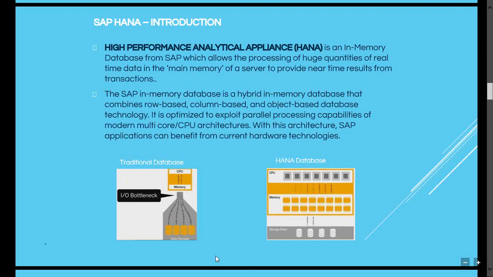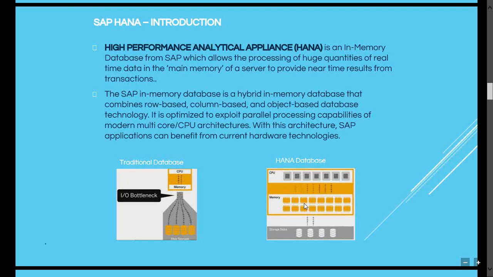But now what we have done is, instead of keeping the database in the disk storage, we have kept the data in the main memory. We know the data that is in main memory, or in your RAM, is very easy for the CPU to access. So that's what we have done here. We have increased the RAM capacity and kept the database in the main memory.